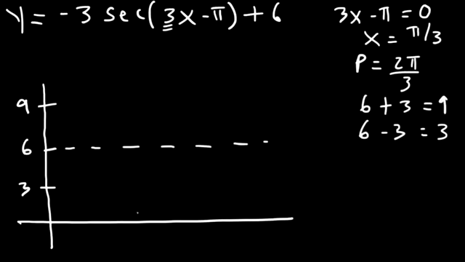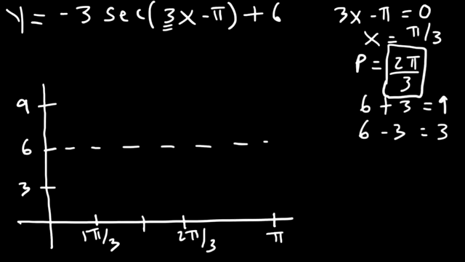Now let's plot the phase shift. The phase shift is at pi over 3. And let's add one period to it. So pi over 3 plus 2 pi over 3 is equal to 3 pi over 3, which is simply pi. Now halfway between pi over 3 and 3 pi over 3 is 2 pi over 3.